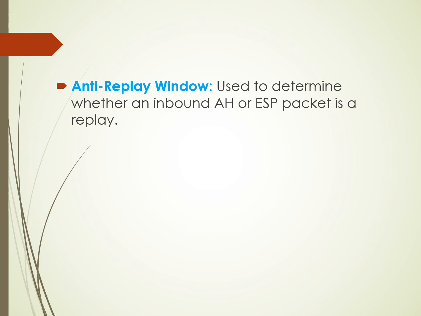If I want to explain in detail about the anti-replay window, the receiver is going to maintain a checklist for each data packet. For example, a data packet with sequence number 1 is received by the receiver. For 1, it's going to mark a right mark.